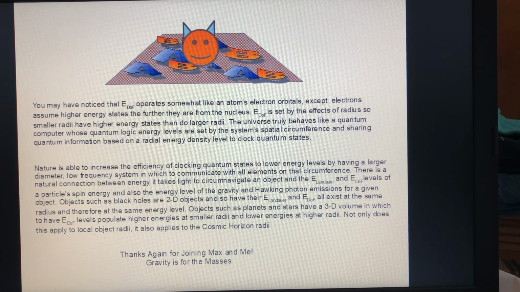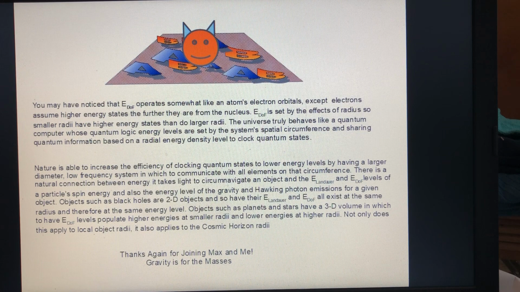Not only does this apply to local object radii, it also applies to cosmic horizon radii. So once again, this type of folding, this triangulation folding, happens from the cosmic horizon all the way down to the local radius.